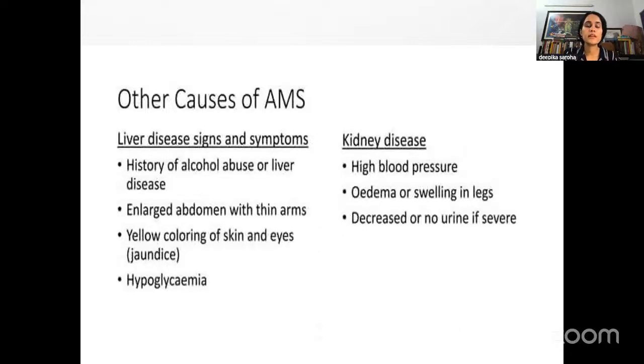Liver disease, where the patient can have a history of alcohol abuse or liver disease, a large abdomen with thin arms, jaundice, hypoglycemia, recurrent episodes.